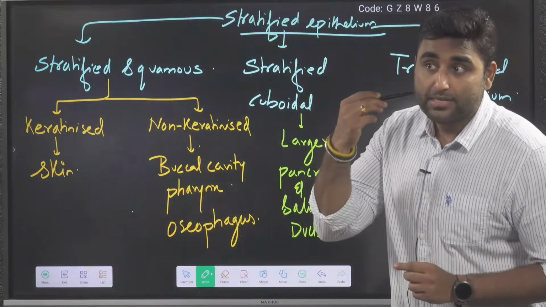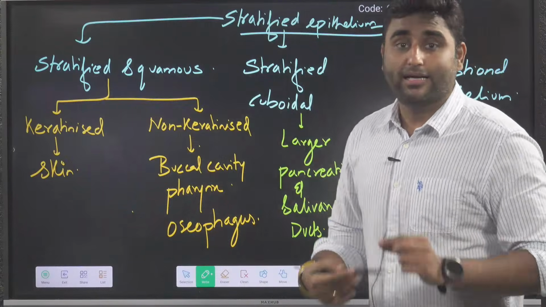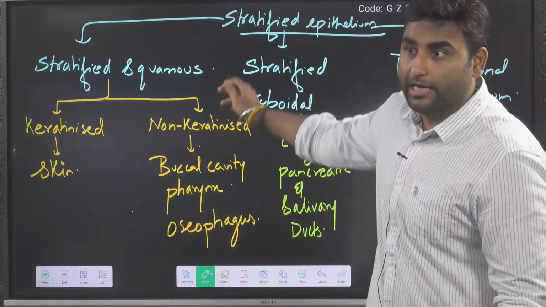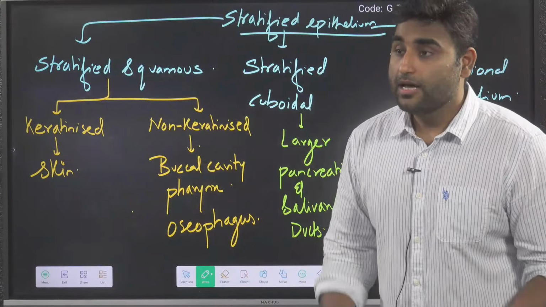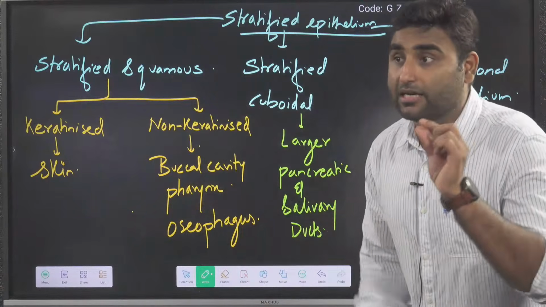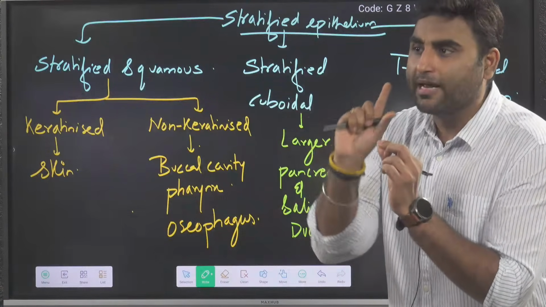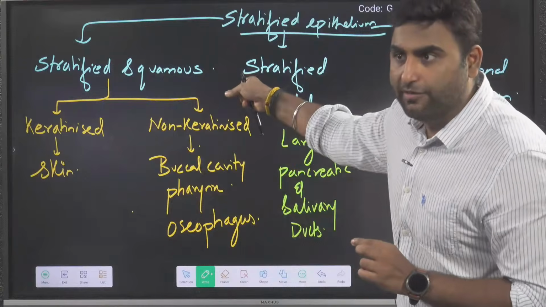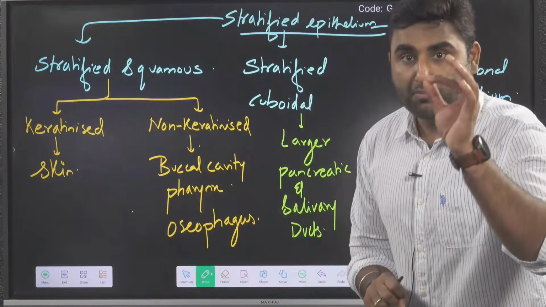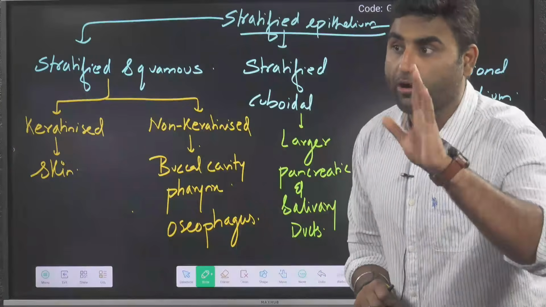Larger ducts, salivary gland ducts and pancreatic ducts which are of large diameter, in large diameter you will keep stratified cuboidal. If small branches are there of the pancreatic and salivary ducts, in small branches you cannot put stratified.